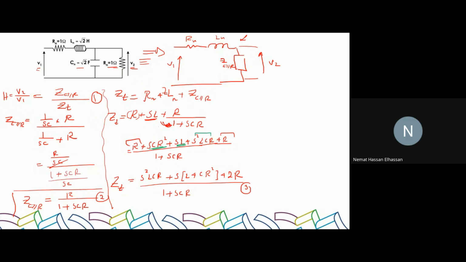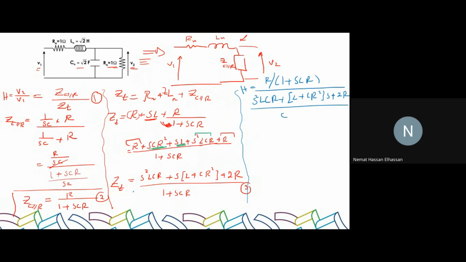I just deleted the entire thing. We'll start again, it's okay. So we said we want to substitute. So H is equal to R divided by 1 plus SCR, divided by the total, which is S squared LCR plus L plus CR squared times S plus 2R, divided by 1 plus SCR.